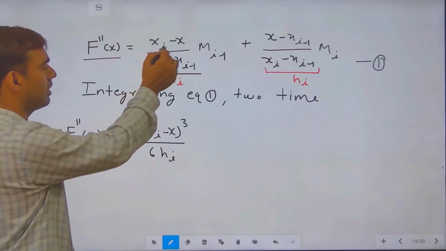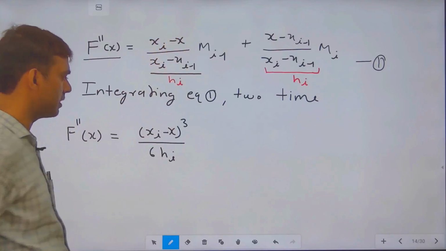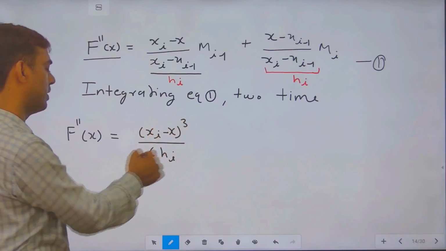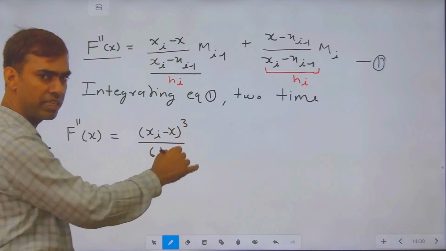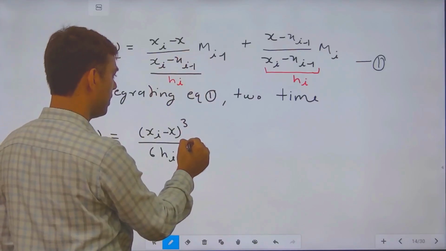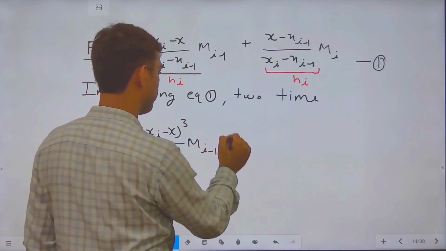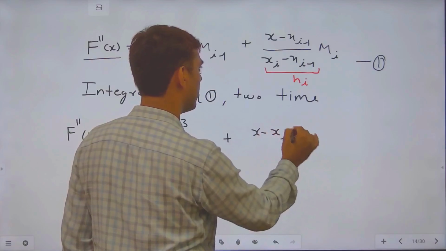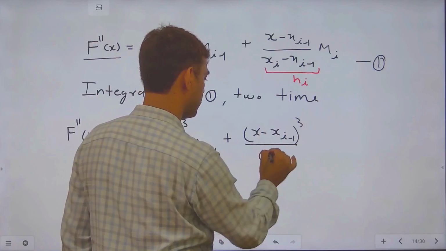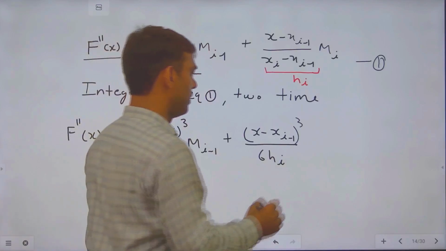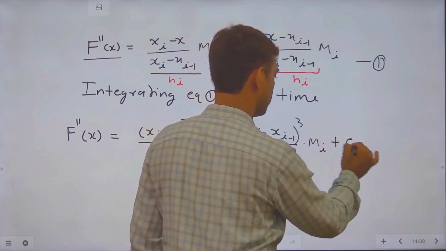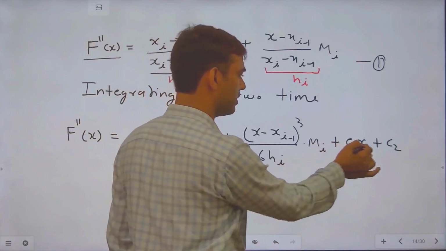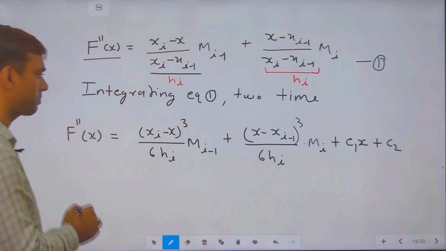Because if we integrate one time, we get the whole square of (x_i minus x) divided by 2, and integrating a second time gives (x_i minus x) whole cube divided by 6h_i; minus 1 the first time and minus 1 the second time gives 1. This is the integration of the first term, multiplied by M_{i-1}. Similarly, integrating the second term two times gives (x minus x_{i-1}) whole cube divided by 6h_i into M_i, plus c1 x plus c2. The first integration gives c1, the second gives c2, so c1 x plus c2 is the constant part of the integration.